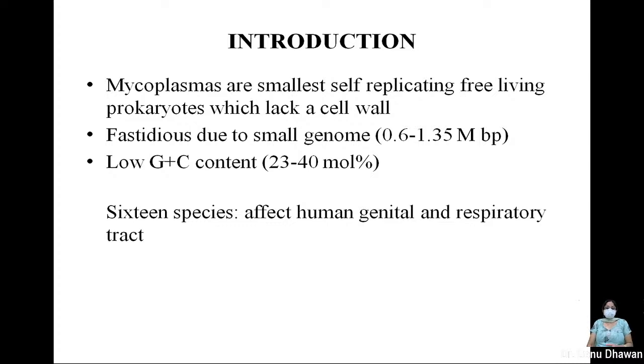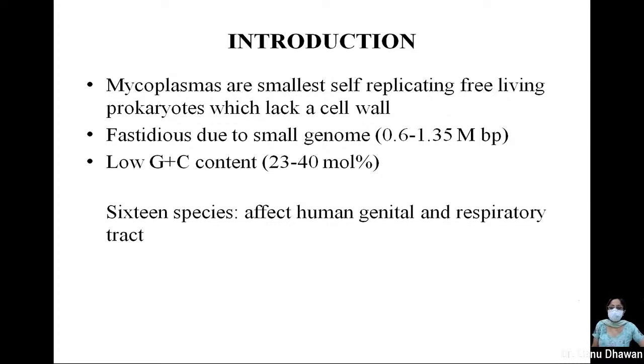Now, mycoplasmas are the smallest self-replicating free-living prokaryotes which lack a cell wall. That is, like bacteria they belong to prokaryotes, but they are the smallest self-replicating free-living organisms which lack a cell wall. This is in stark contrast to bacteria which have a cell wall. Now they are fastidious because of a very small genome size and a very low GC content.